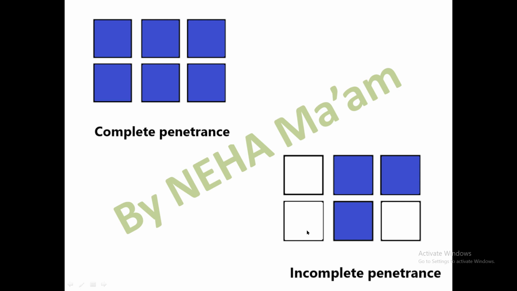But here in this case, you can see that out of 6 individuals of a population, only 3 are expressing that particular trait. So this is the case of incomplete penetrance, as the trait is not completely penetrant in all the individuals of a population, but is only expressing in certain individuals.